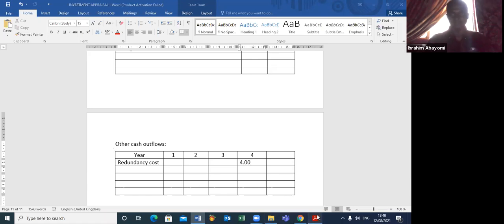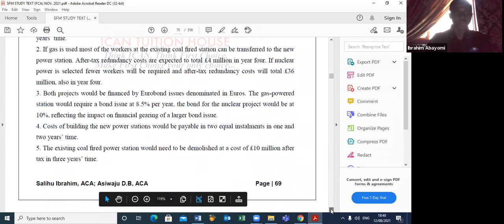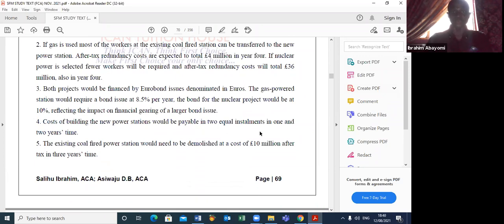Now, after that, let's go and pick note 3. We don't have cash flow in note 3. Note 4, cost of the building. Cost of building the new power station will be payable in 2 equal installments in 1 and in 2 years' time.